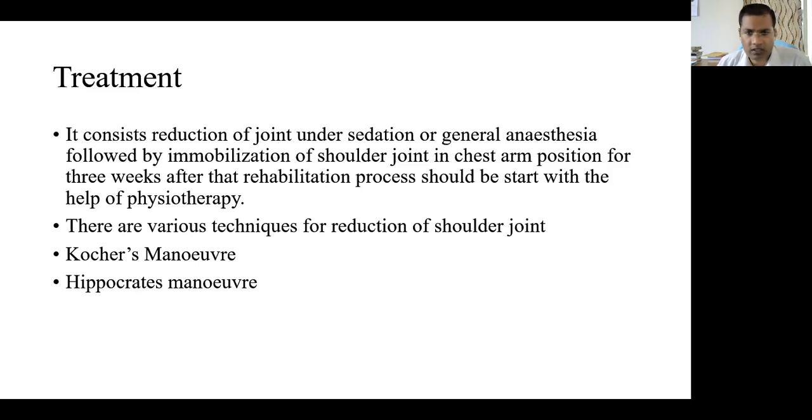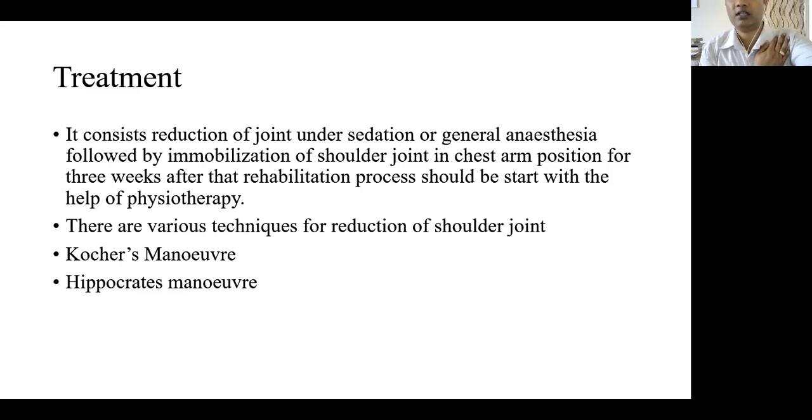There are some techniques for closed manipulation of shoulder dislocations: Kocher's maneuver or the Hippocrates maneuver. These maneuvers are used to reduce the shoulder joint as early as possible and then immobilize the shoulder joint in the arm chest position. That means first reduce the shoulder joint so the humerus comes into the glenoid cavity, and you can fix it in this arm chest position.